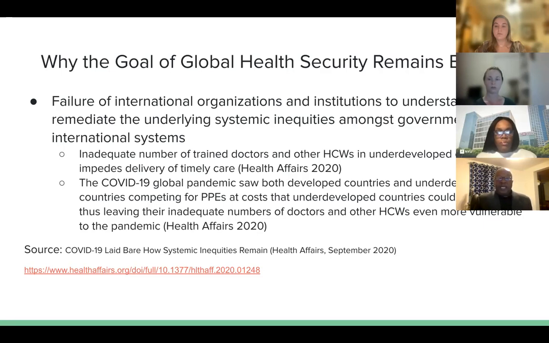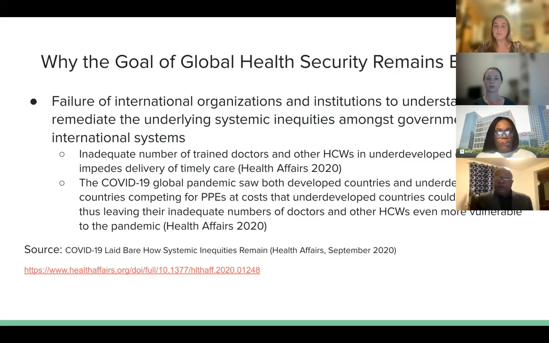For example, the COVID-19 pandemic saw both developed and developing countries competing for personal protective equipment at cost that the developing countries can afford, but the underdeveloped countries cannot afford. And so as a result, not only do the developed countries have more doctors, they have access to more PPEs, while the underdeveloped countries and the developing countries don't have the same access.